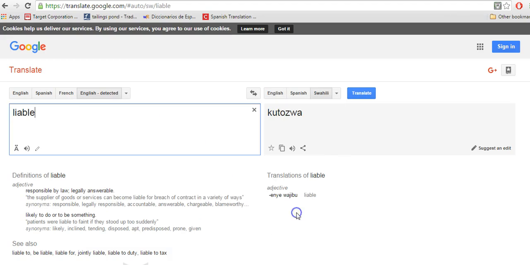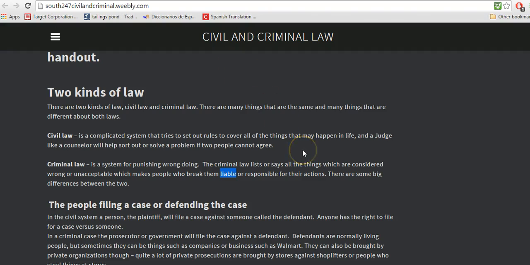Okay, so we could pick like Swahili. And the nice thing too is it will actually say the word for you if you click this button right here. I know you guys can't hear it, but it'll actually do it for you. Okay? So that's really nice. So if you can actually hear it in your L1. Okay?